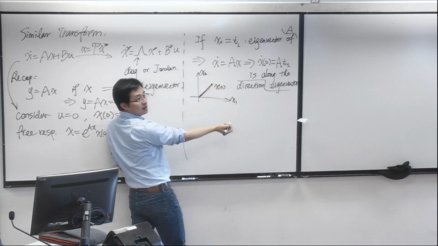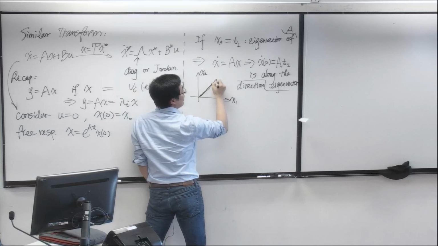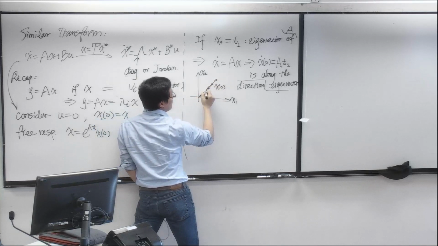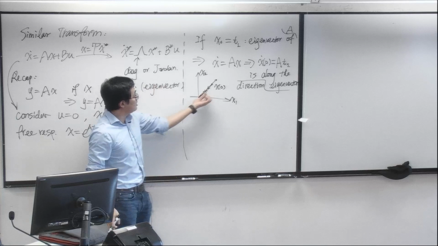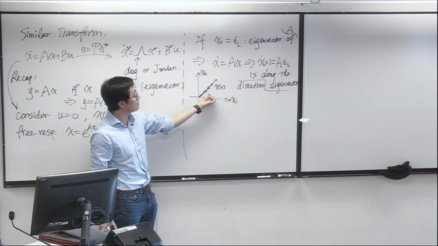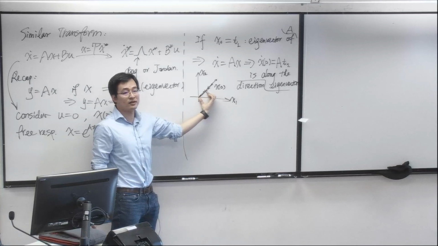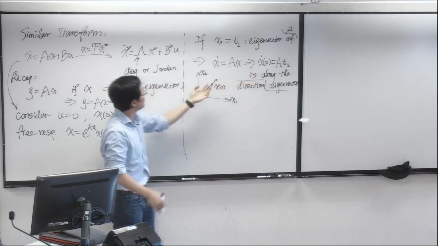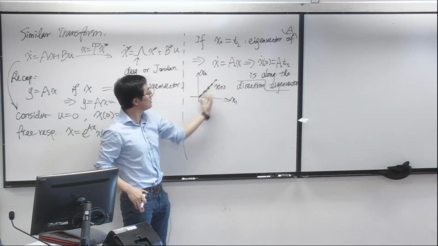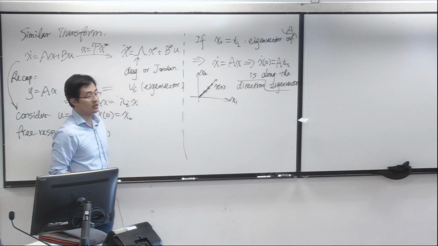I start here, and my velocity is either going up or going down, but I'm along the same direction. So I may move to, let's say, here. And then at this new position in the state space, this is still in the direction of the eigenvector. So the derivative, according to this system model, is still along the same direction. So you will not change directions if you start right here.